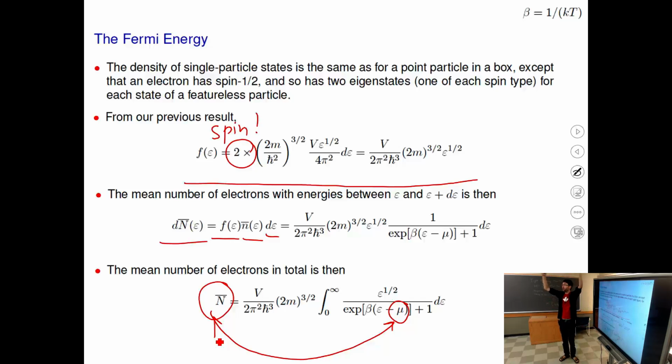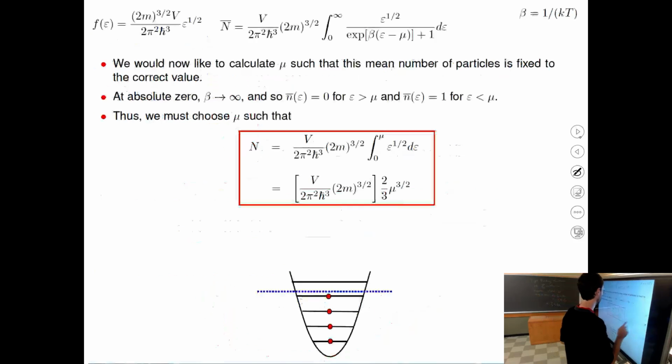How big should the sphere be to have the right number of states? If you take that integral in the limit of going to absolute 0, so infinite beta, it is very easy because the fermionic factor disappears, and you get this expression for mu or for the number of states.